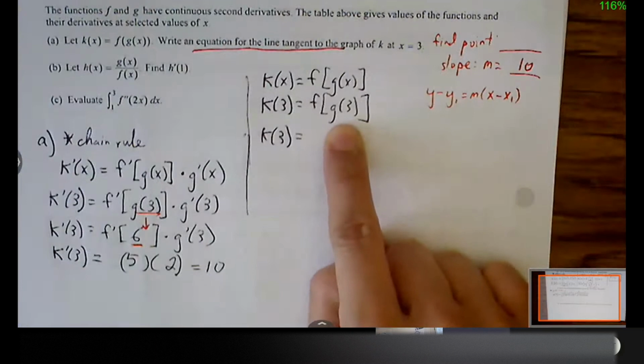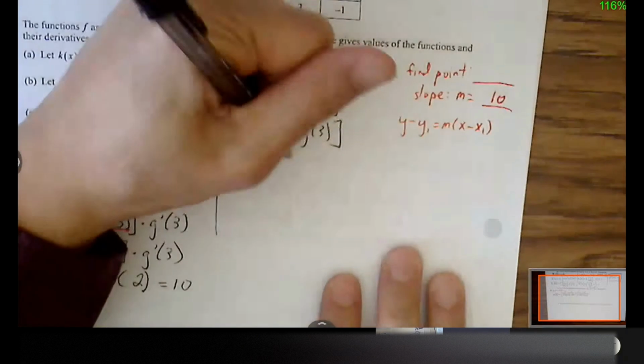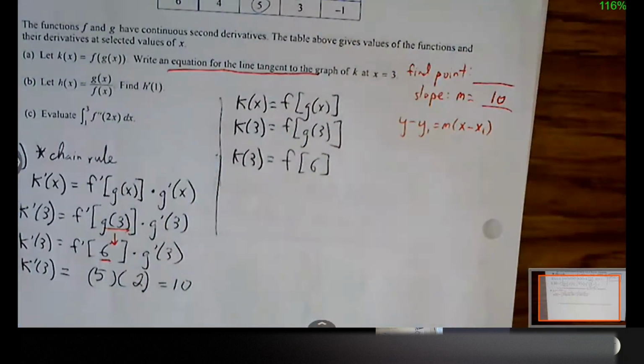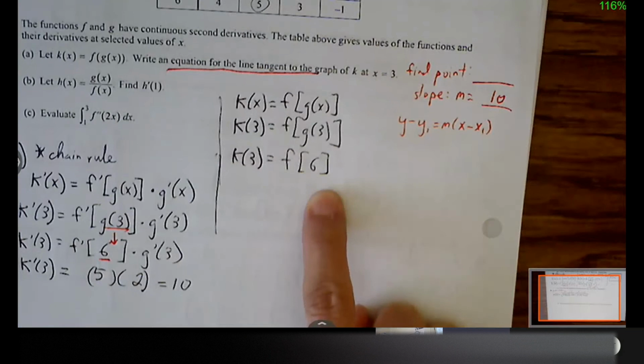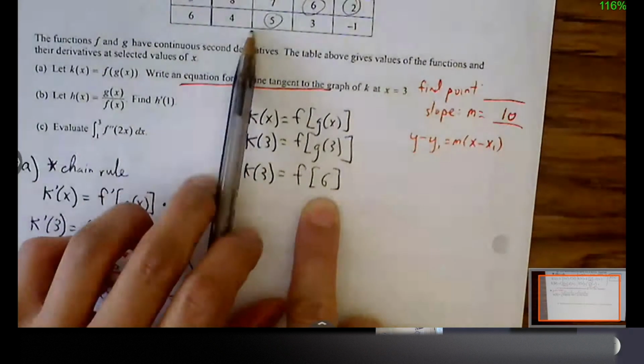Okay, one piece at a time. G of 3 is 6. And finally, f of 6 is just going to be 5. Maybe 4, I'm sorry, 4.